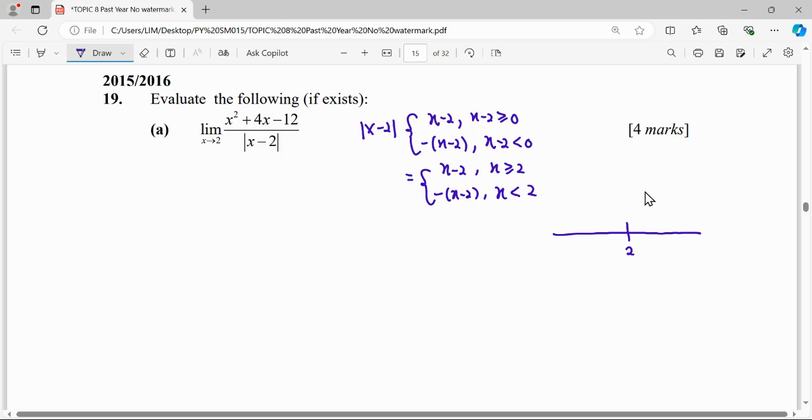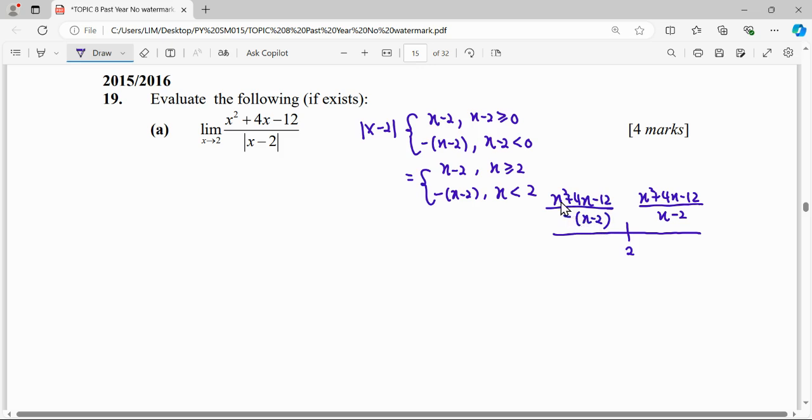So on this side, the function will be x minus 2 to represent the modulus. For x less than 2, the function will be the negative of the modulus expression.